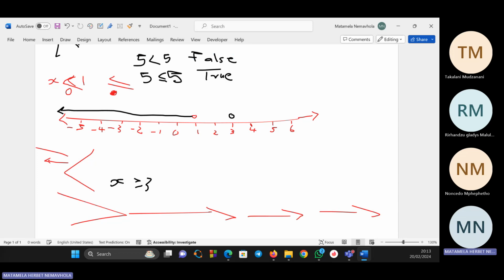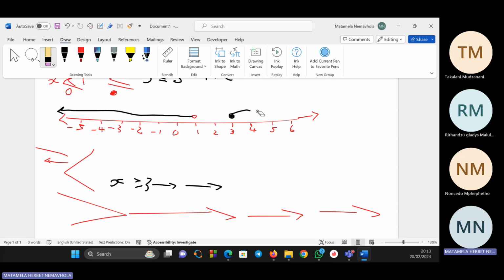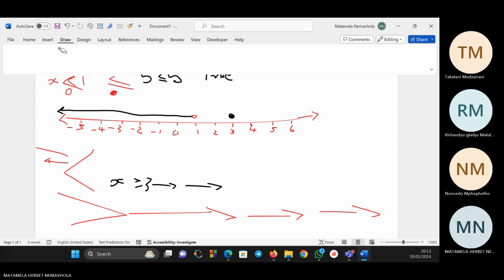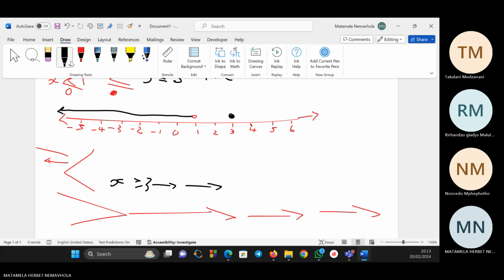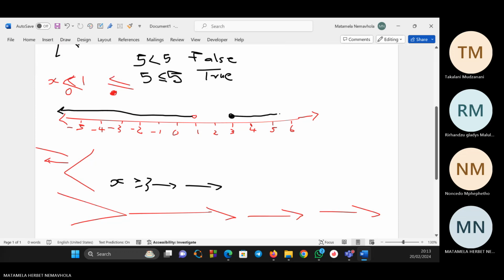I write an O and I shade it because it's greater than or equal to 3. The arrow points that way because it's greater than or equal to 3, so I draw it going that side. That's how you draw a number line. That's how it works with a number line.